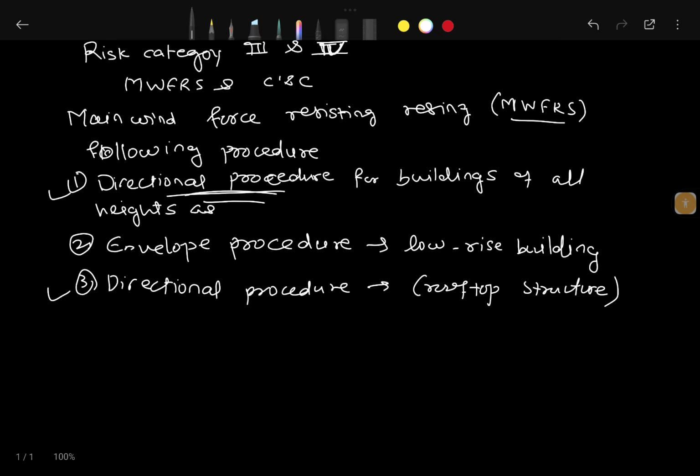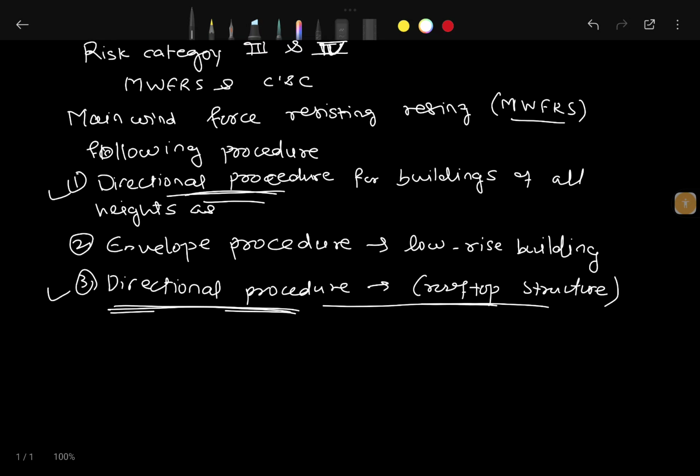And rooftop equipment and other structures such as solid freestanding walls, solid freestanding signs, chimneys, tanks, open signs, single plane open frames, and trussed towers. All these types will be covered in this rooftop directional procedure.